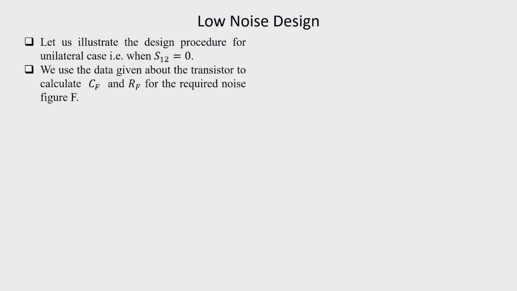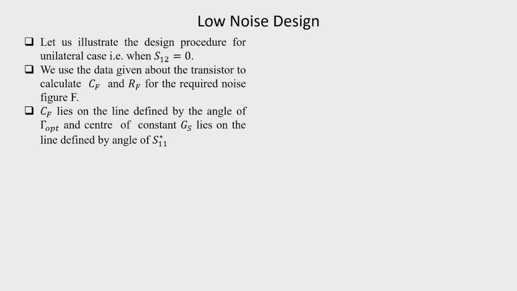We use the data given about the transistor to calculate CF and RF for the required noise figure f. CF lies on the line defined by the angle of gamma opt and center of constant Gs circle lies on the line defined by the angle of S11 conjugate.